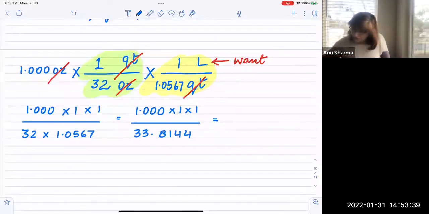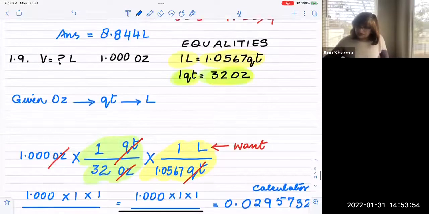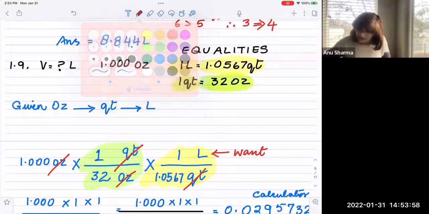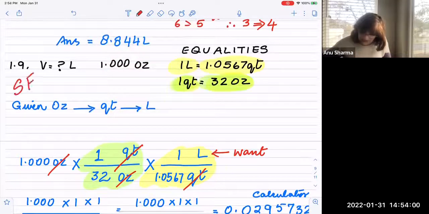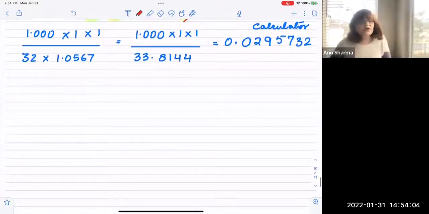When you do the math, you get the answer 0.0295732. That's from the calculator. But that's not the answer we want, because in the end, the answer has to be in the correct number of significant figures. Even if they're not given to you, you need to get it from your rules when you do the multiplications and the divisions.